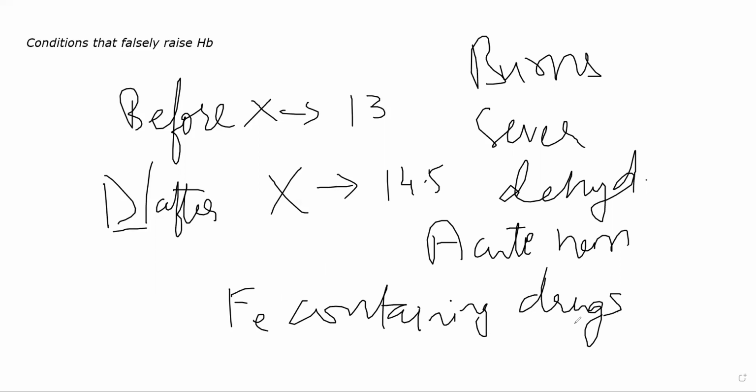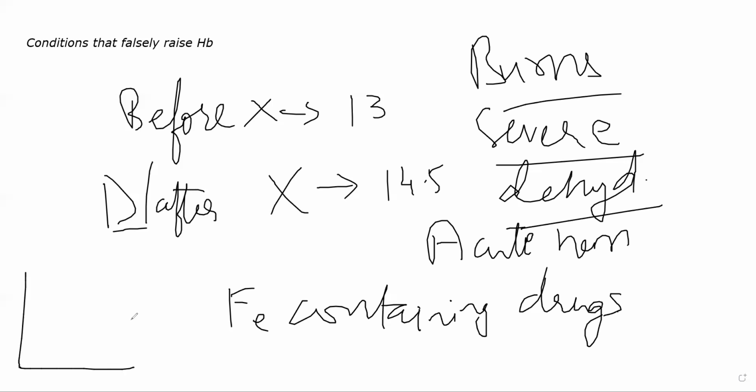Here the relative amount of hemoglobin is increasing. See, think of it this way. If burns or severe dehydration happened, the plasma level is going down. I'm sure at some point you must have drunk tea or coffee, or some soda drink, or something that had sugar in it.